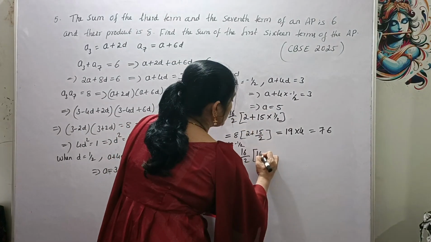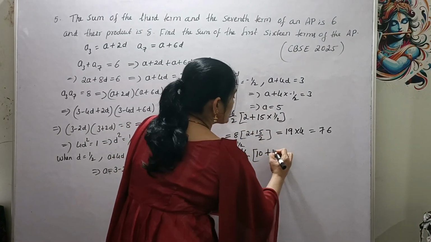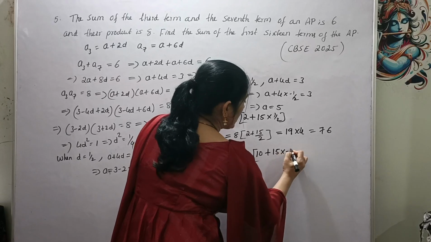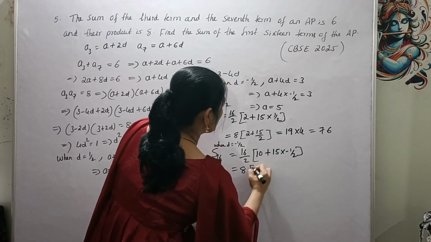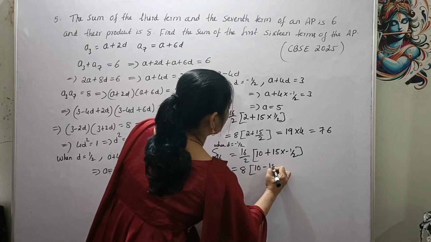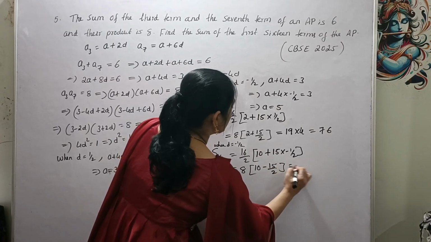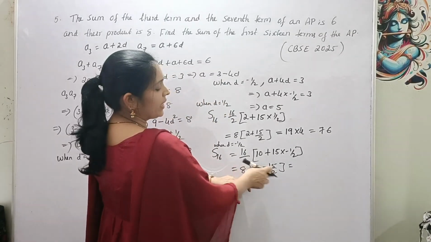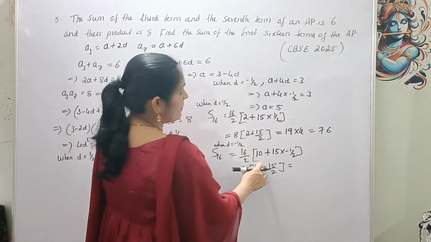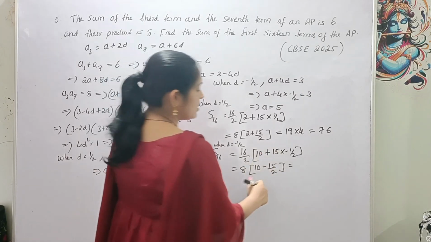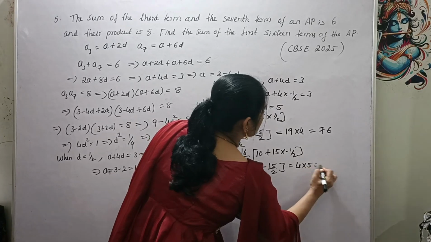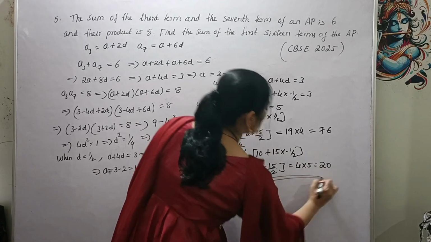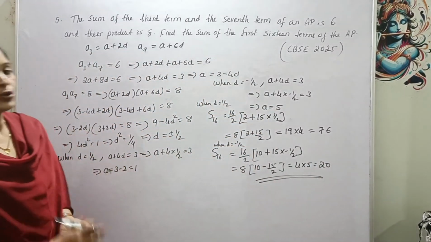So 2 into 5, 10, plus N minus 1, 15, into D, which is minus 1 by 2. That is equal to 8 into (10 minus 15 divided by 2). Similarly here we take the LCM, 20 minus 15, 5. So 5 by 2, 4 into 5, that is 20. So here the sum is 20.